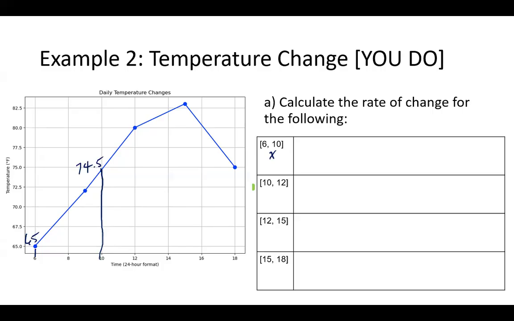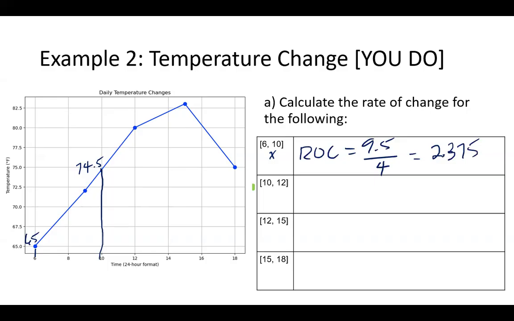So if you were me and you chose 74.5, the difference between 65 and 74.5 is, anyone choose it? 9.5. Okay. So my rate of change would equal 9.5 divided by 4, because that's my change in my x. 9.5 divided by 4 is 2.375.